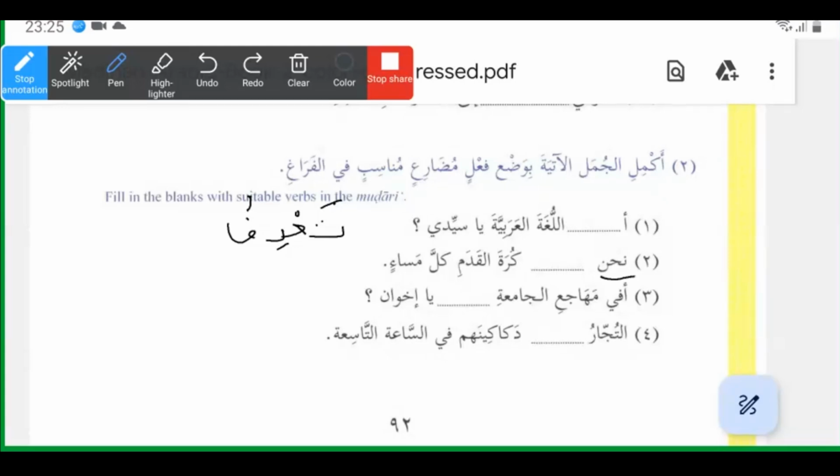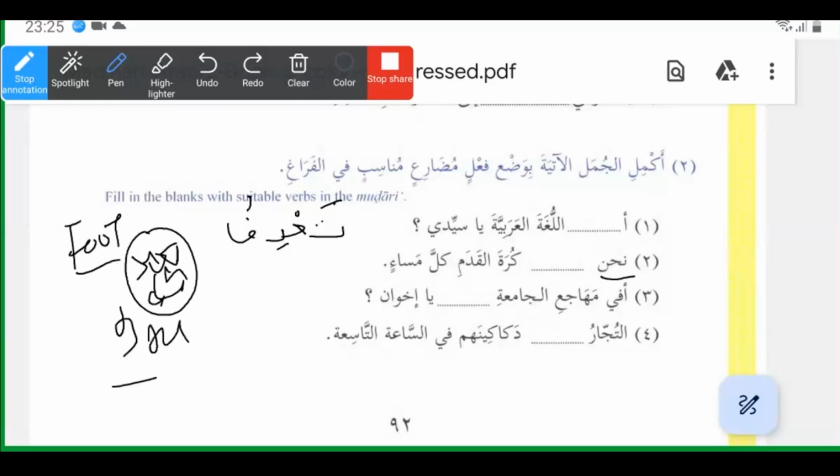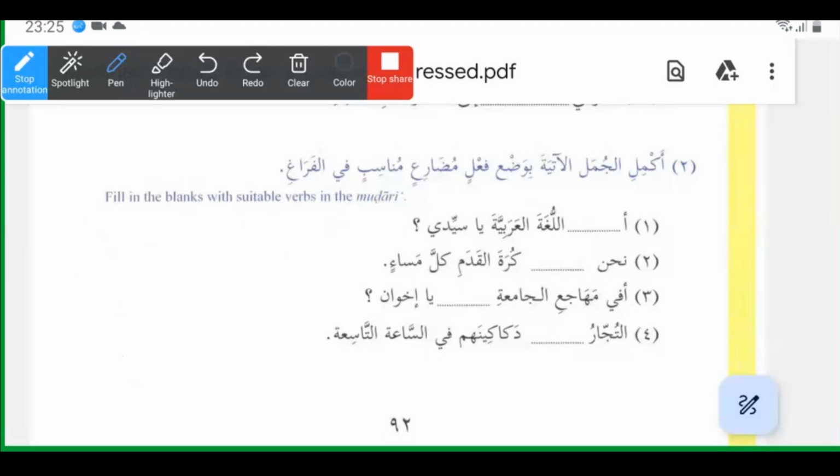Nahnu, once nahnu comes, it means first person. It means we. Nahnu dash kurat al qadami kulla masain. Kura means football. Kadam means foot. So it means football. Kurat al qadami. So this is mudaf and mudaf ilayh. That's why there is a kasra.